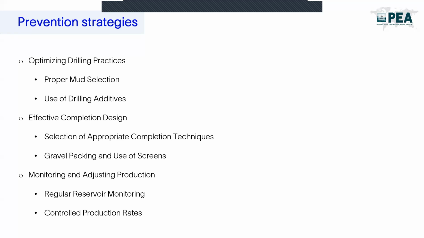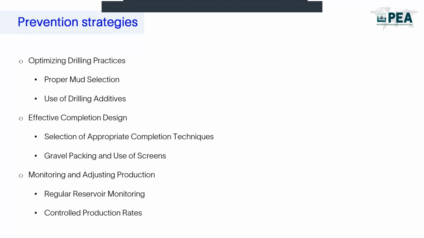Other mitigation or prevention strategies is to use drilling additives. They can be used to mitigate potential formation damage during the drilling process. For example, use inhibitors that prevent chemical reactions between the drilling fluids and formation, such as clay stabilizers and scale inhibitors.